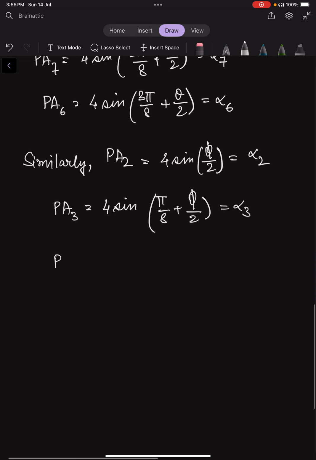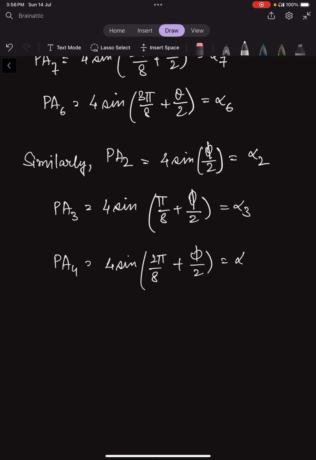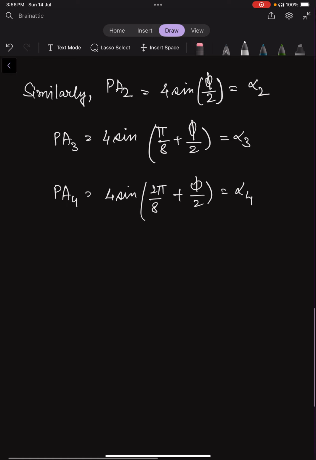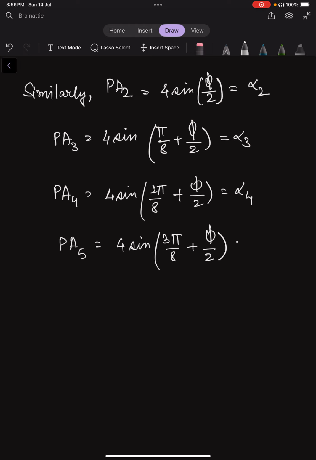Now PA4 is equal to 4 sine of (2 pi by 8 plus phi by 2), which is equal to alpha 4. And finally, the term we are left with is PA5. PA5 is equal to 4 sine of (3 pi by 8 plus phi by 2), which is alpha 5. So we have all the distance values with us now.